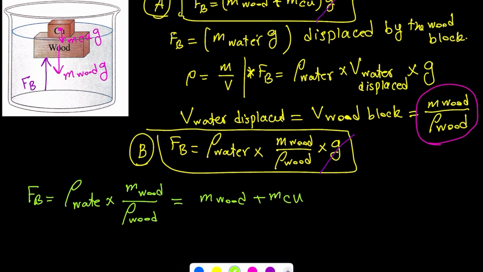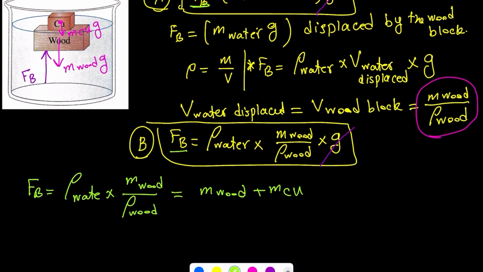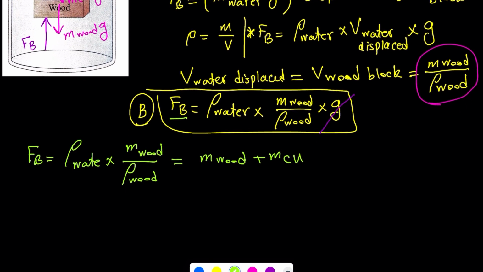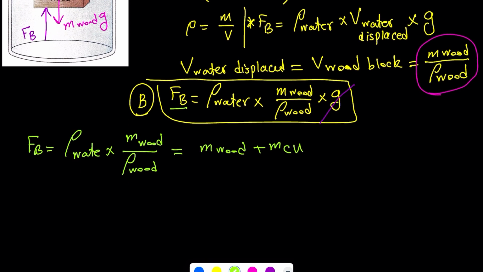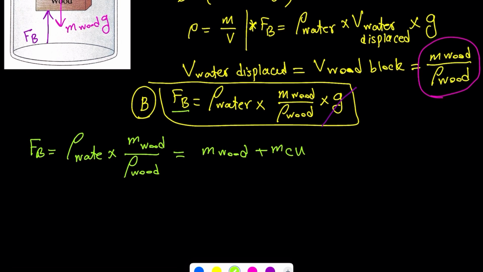I cancel out g from both sides of this equation and I set them equal, and both are equal to the buoyant force, equation A and equation B. From now on, we just need to rearrange this equation and we can find the mass of copper.